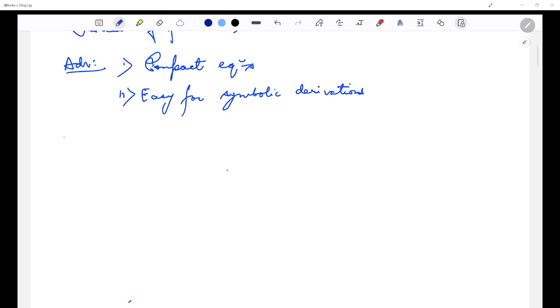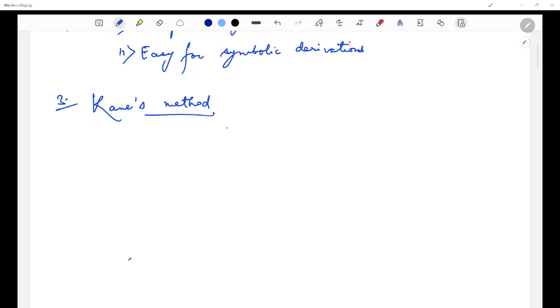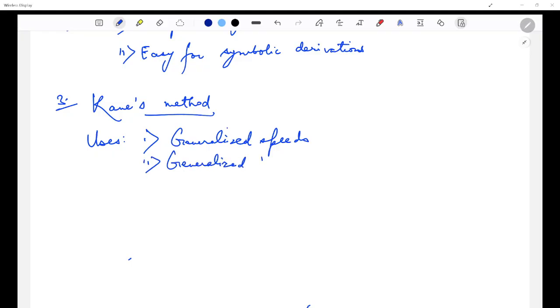So after this we also have a third method, which is Kane's method. Okay. And this is the most advanced formulation used for complex systems. We won't go into details, but the main uses are generalized speeds and generalized forces.